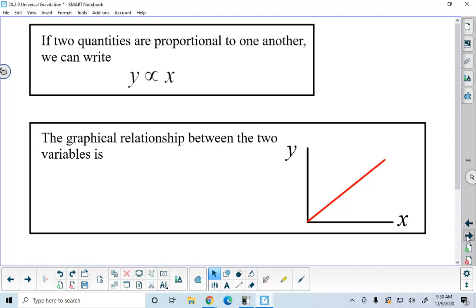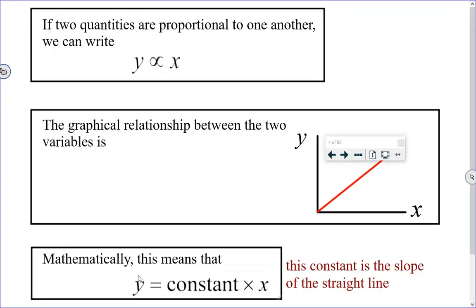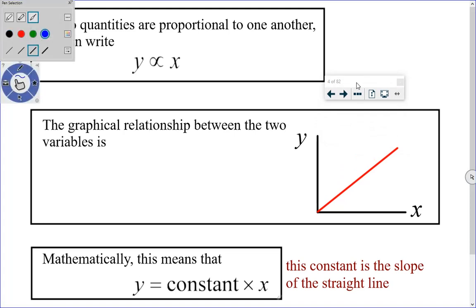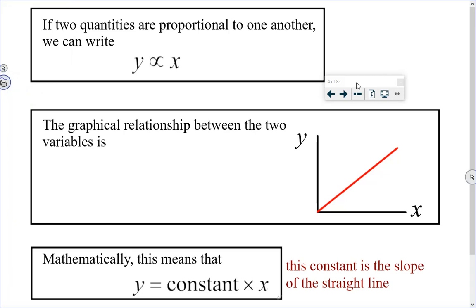And you learn in math class that a straight line has a particular equation. The equation of a straight line is, well, I'll write it down, but the actual letter and notation that we use is unimportant. The equation of this line in math is y equals mx, and I hope that rings a bell. It's actually mx plus b, but b is the y-intercept, and we can see that this graph goes through the origin.